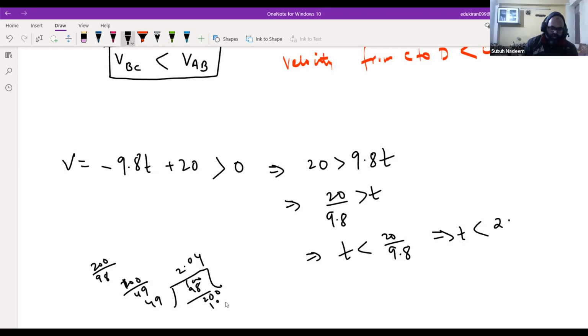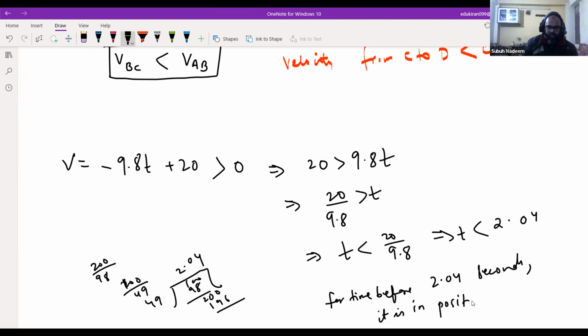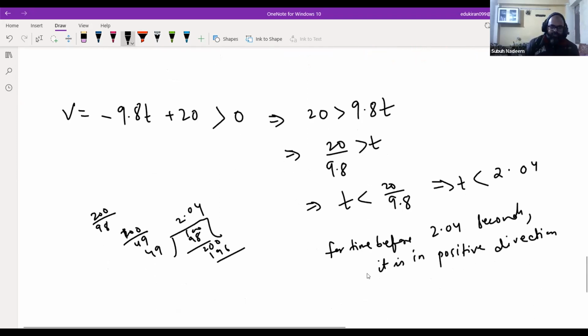So 196, roughly 2.04. So for time before 2.04 seconds, it is moving in the positive direction. And after 2.04 seconds, it will move in the negative direction.